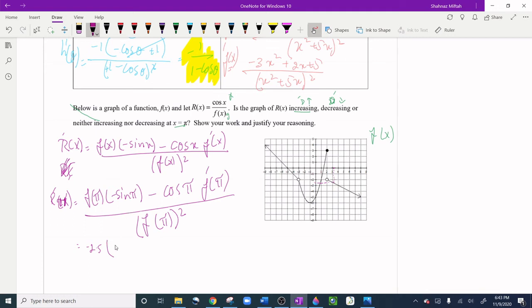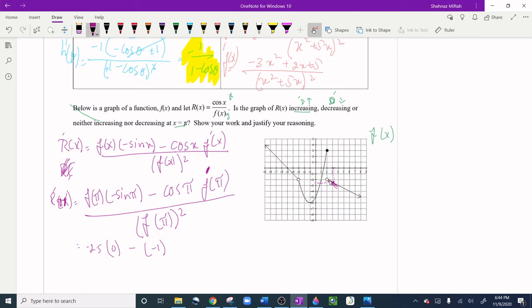What is negative sine pi? Sine pi is 0, so that term is 0. Minus cosine pi, and cosine pi is negative 1 on the unit circle. And f prime pi: this is pi. The derivative is the tangent slope, so I'm going to draw a tangent line.